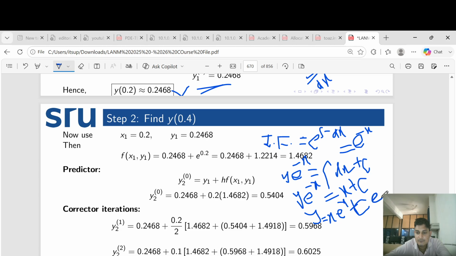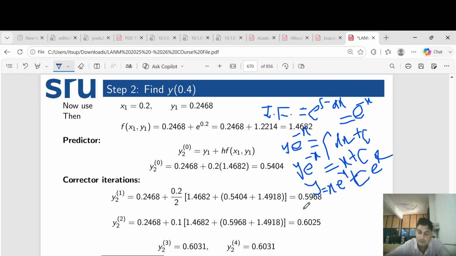Now put y0 is equal to 0. If you put x as 0, then this becomes 0 plus c, since e to the power 0 means 1. So the value of c is 0. So the solution is y is equal to x e to the power x.